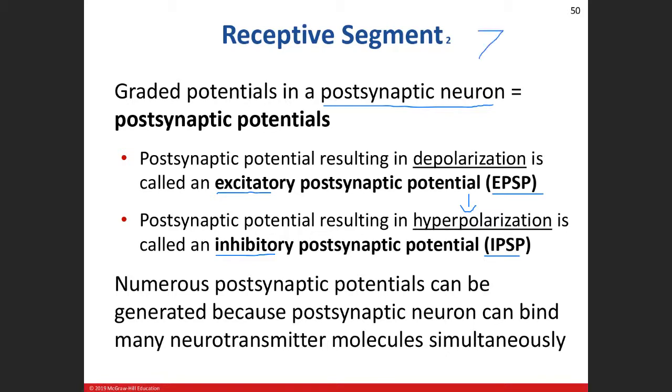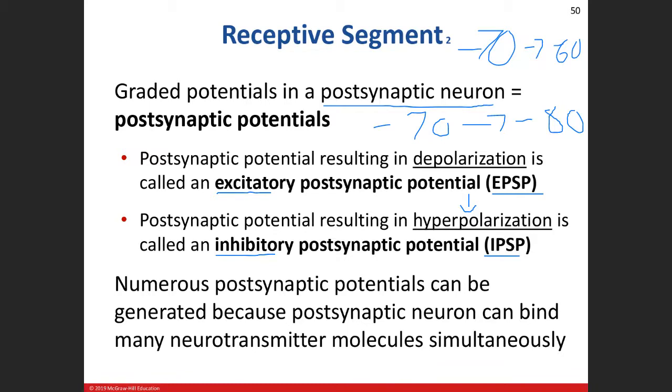So we'll go from negative 70 to negative 60. That's what an excitatory potential, or EPSP, will do. Inhibitory will make the inside of the cell more negative. So we go from negative 70 to like negative 80. So keep this in mind.